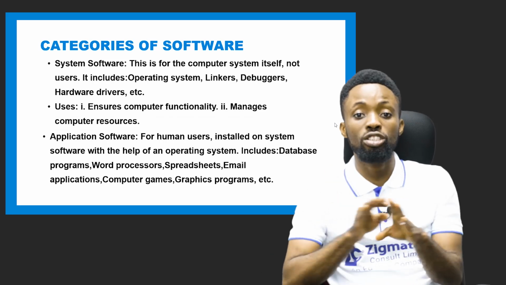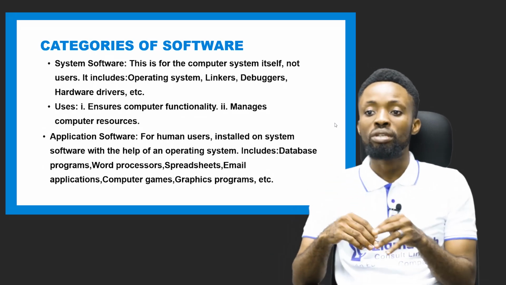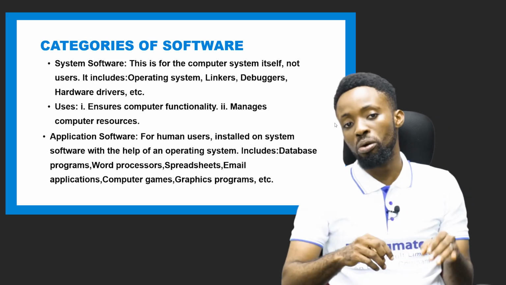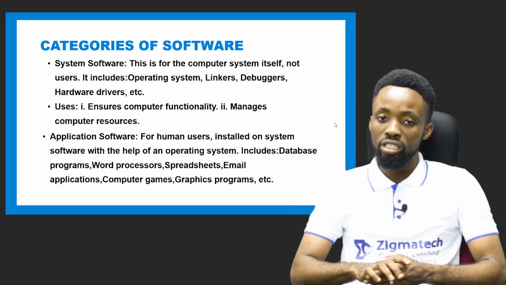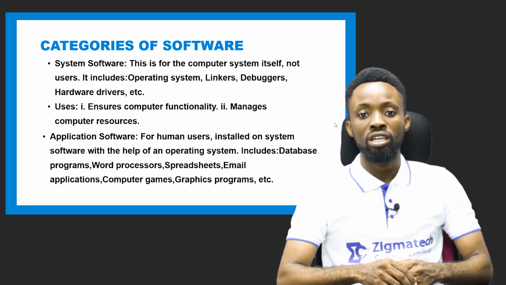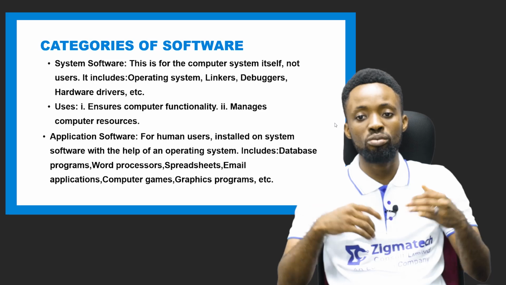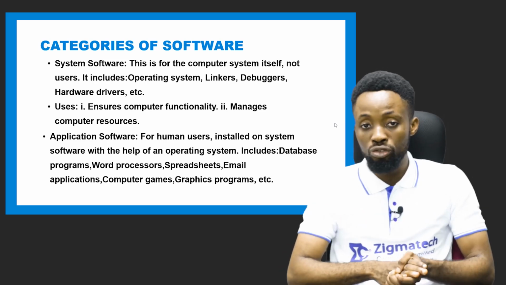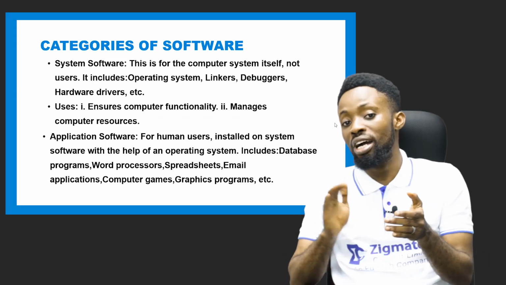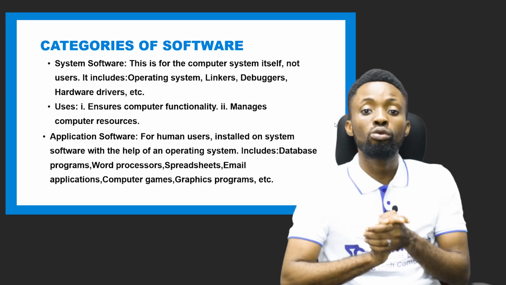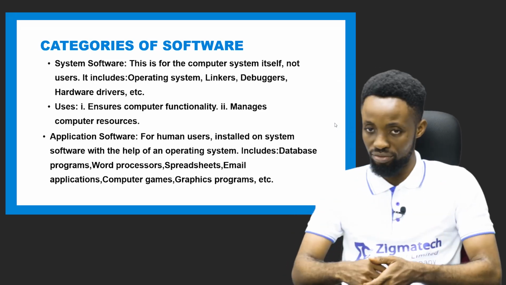So many functionalities will be missing in the computer. And also it helps to manage the computer resources. For the computer to perform effectively from day to day, you need the system software, because without the system software, the random access memory and the read-only memory of the system will not function effectively.